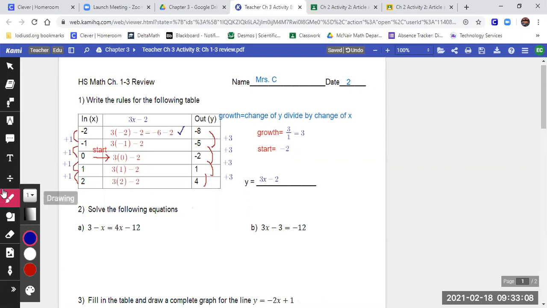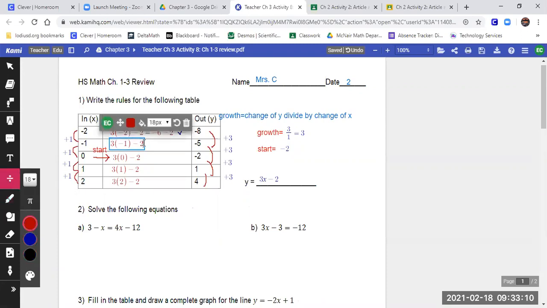We go to the next one. 3 times -1. What is that? -3. This says -3 minus 2 more. Did that get us -5? Did it check?